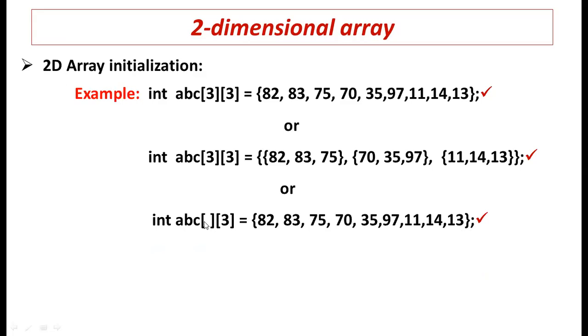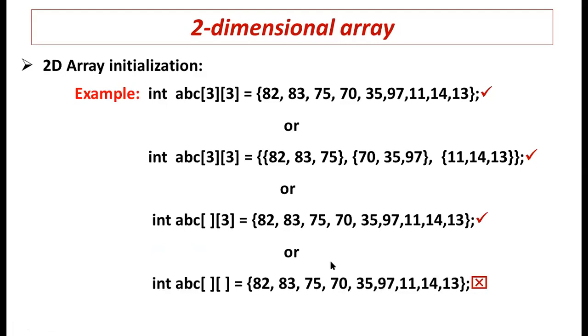Here we have not mentioned the row size, still it will work. The compiler dynamically allocates the row size 3. But this type of initialization is not accepted, so this is not valid. That's why I have marked it not valid. The thing is, when we initialize a two-dimensional array, there must be a column size.